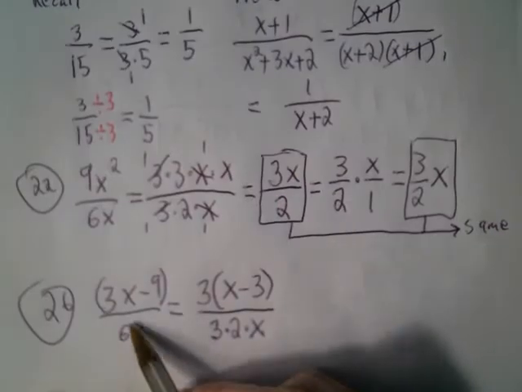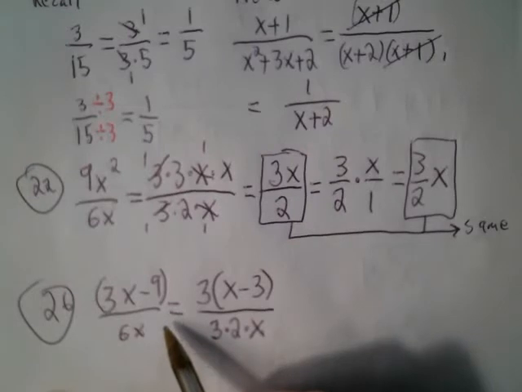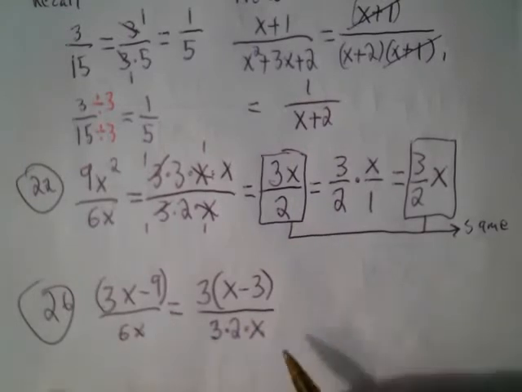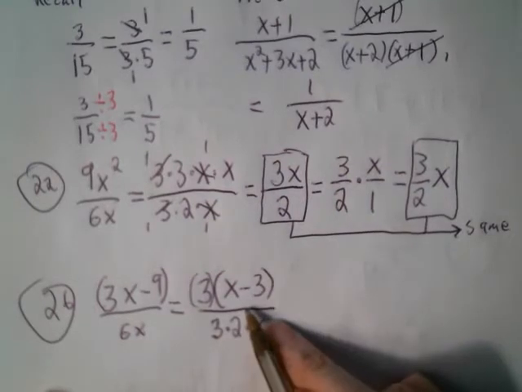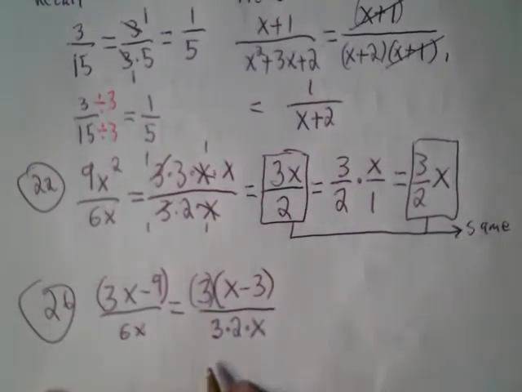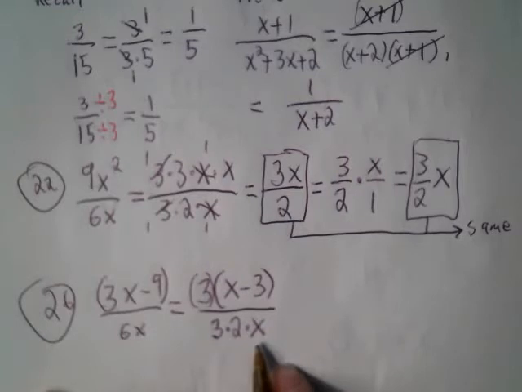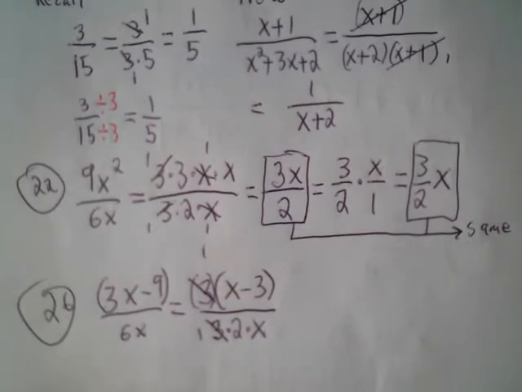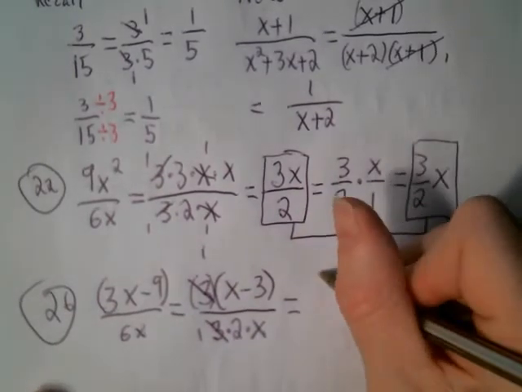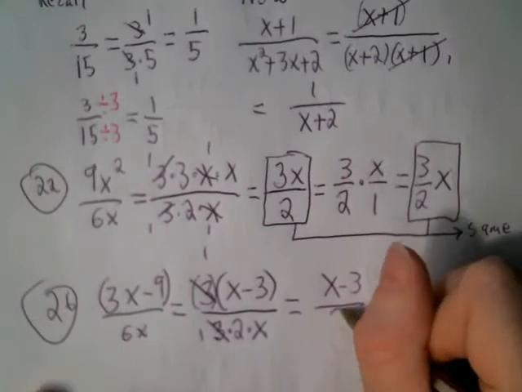And if you don't see that exact same thing in the denominator, you can't get rid of it. Okay, so here we have one whole thing, two whole things. So there's 2 things up here, and then 3 things in the bottom. And then you look for common things, right? So this is common. That's the same as 1 over 1, and that's it. There's nothing else you could do. So you're left with x minus 3 all over 2x.